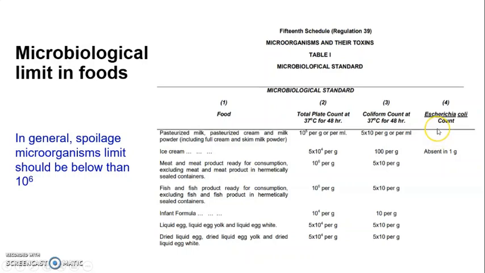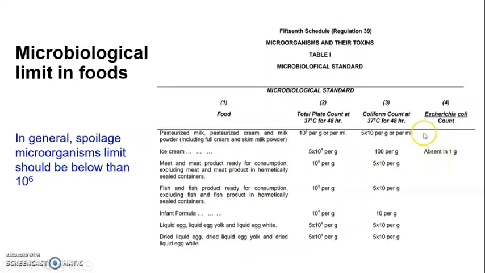Obviously, if it's a pathogenic bacterium like E. coli O157:H7, then it should not be present in food. In this type of food, for example milk and ice cream, E. coli O157:H7 shouldn't be present here. So it has to be absent.